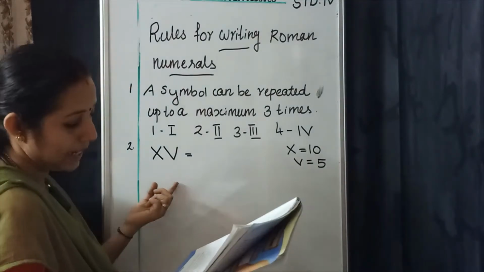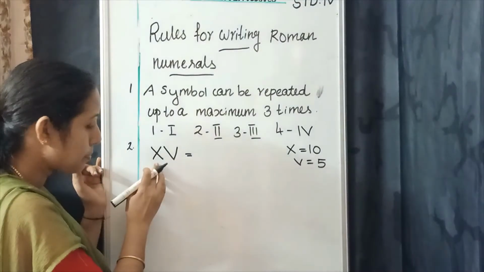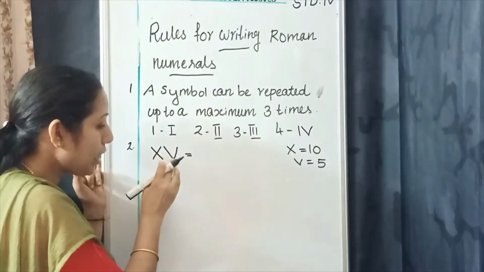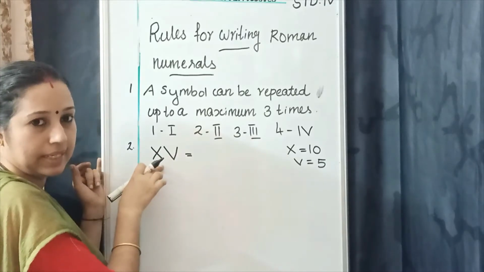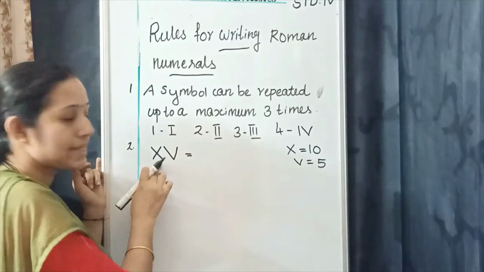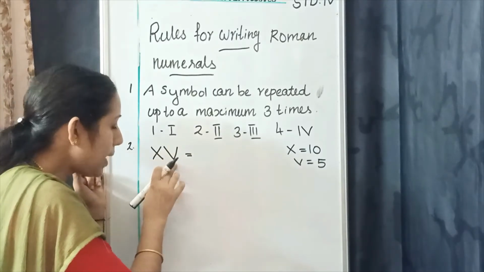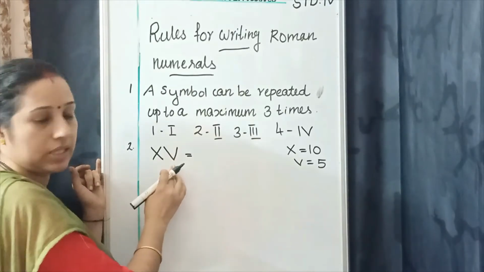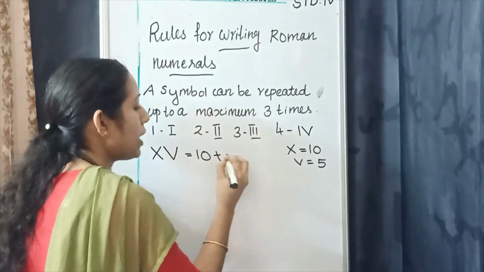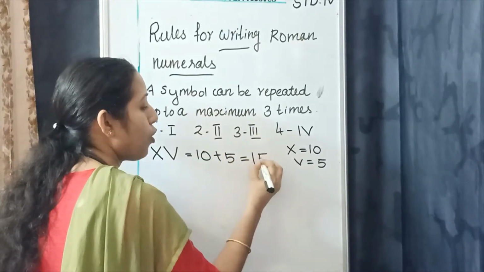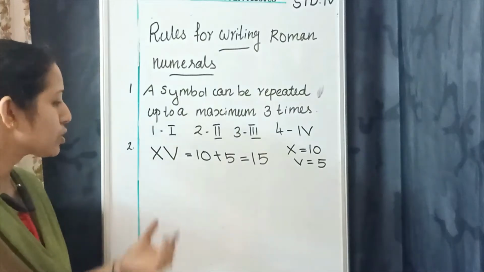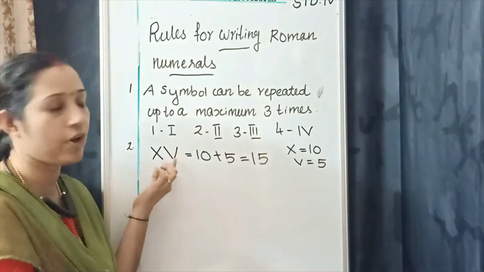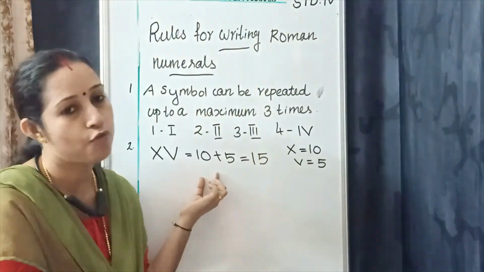So here a symbol is placed after the greater value, which means V is placed after X, and comparing X and V, X is the greater value. So when a symbol is placed after the greater value, the values are added. That is 10 plus 5, 15 is the value of XV. Just to understand, when a symbol is placed after the greater value, we just add the two values.